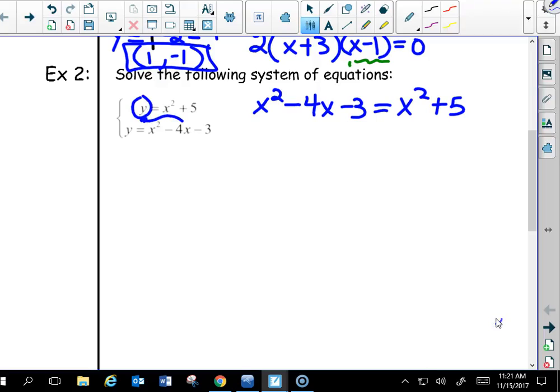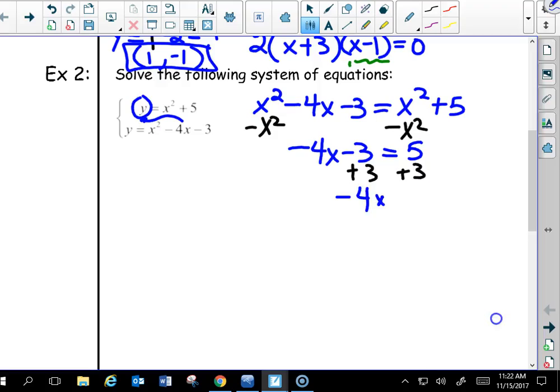All right, now I'm going to take my solving steps. And the nice thing about this problem, it turns into a really easy linear equation to solve. And it looks like we get x equals negative 2.